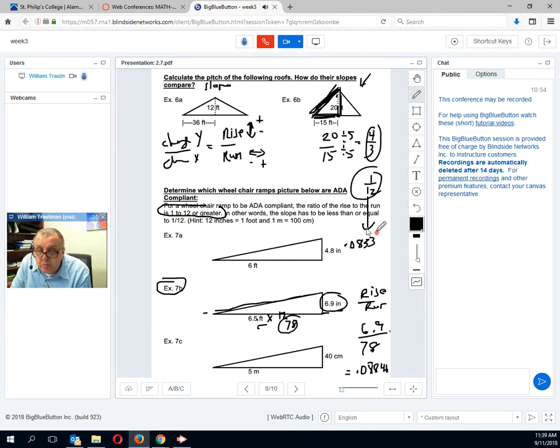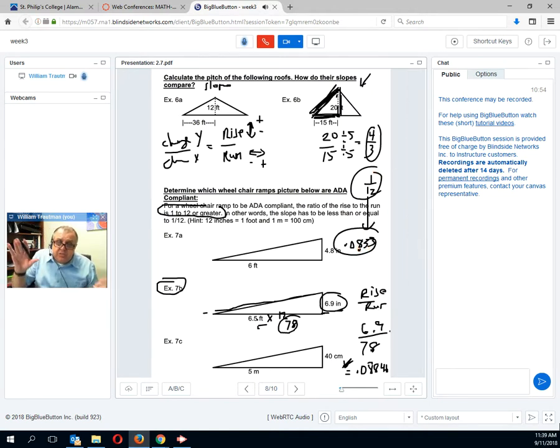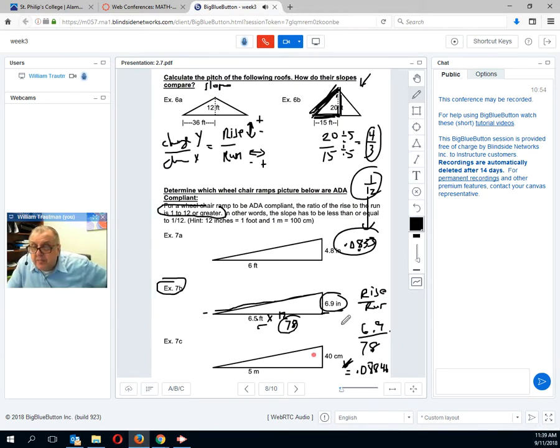So my slope has to be less than this one. If it's not, then it's too steep for a wheelchair to get up. This is the maximum requirement. This is the maximum the slope can be, 0.0833.